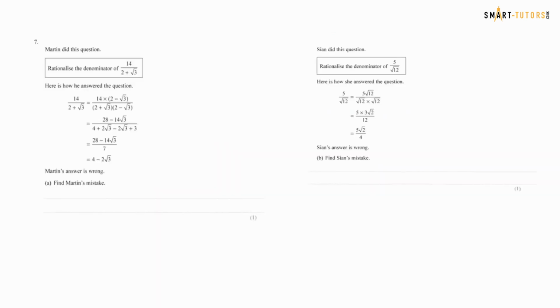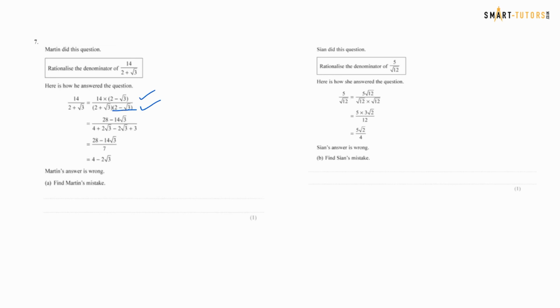Question number 7. Martin did this question, rationalize the denominator. So this is the question and here is the working. 14 over 2 plus root 3, times 14 over 2 minus root 3. It is a surd format, so you need to multiply to get rid of the surd. If you are rationalizing, this 2 minus root 3 is correct. So that step is correct, this step is correct.